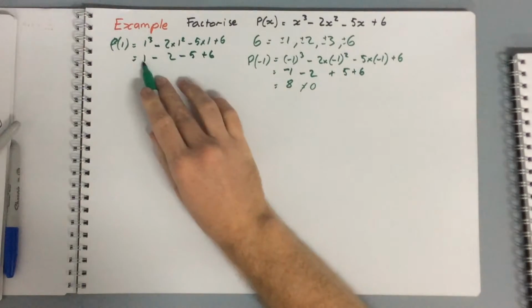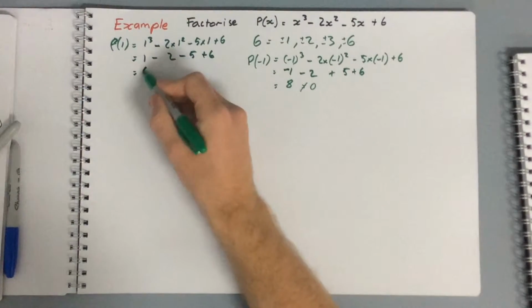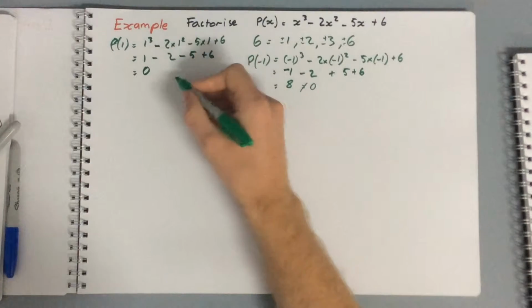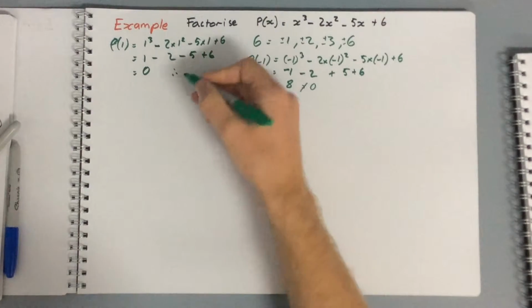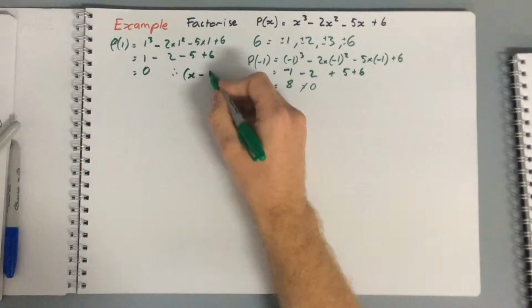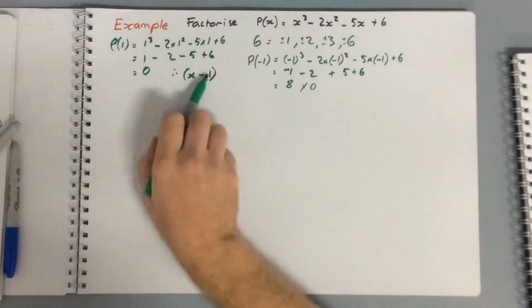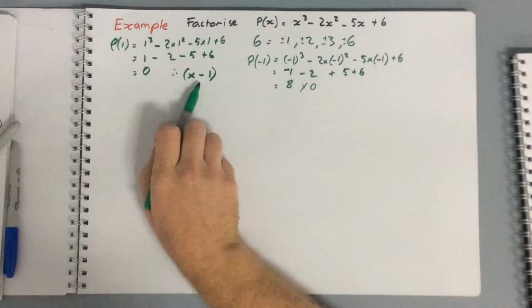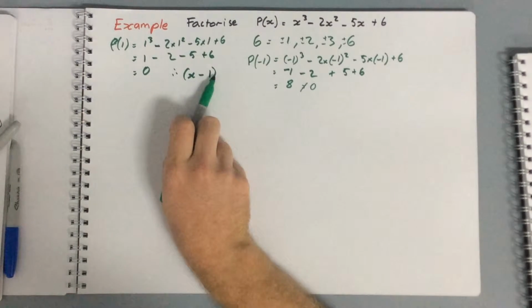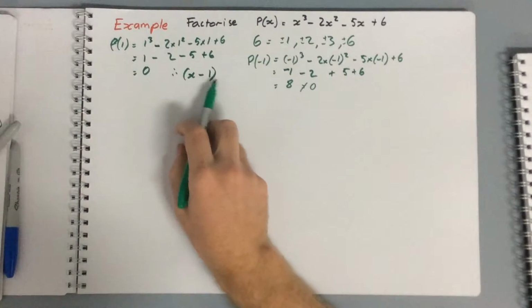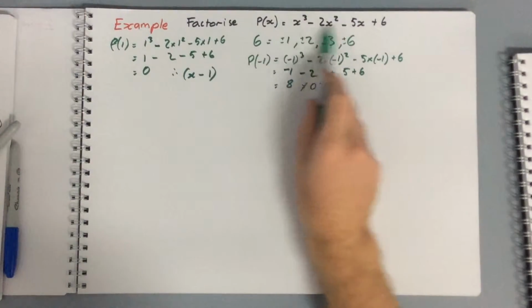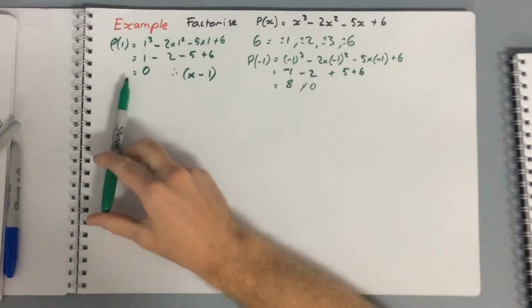So that gives us minus 7 plus 7, which is 0. So what we've found is x minus 1 is a factor. Remember, swap the signs. When we have positive 1, our linear factor is x minus 1, because when we use our remainder theorem we had 0.